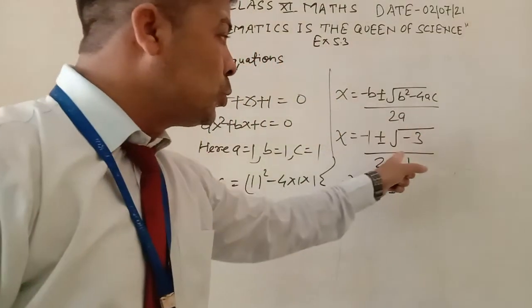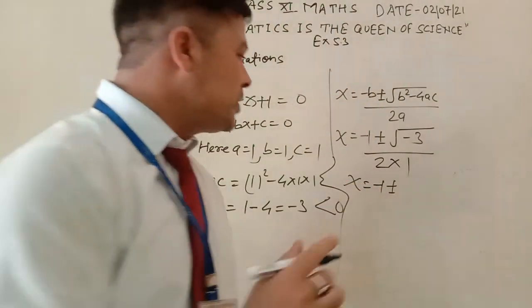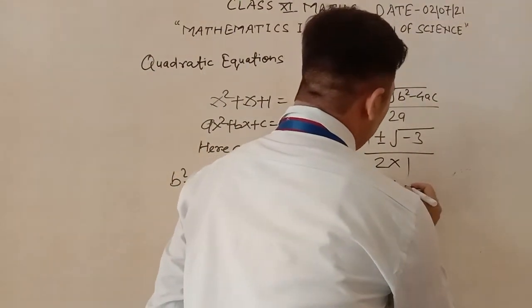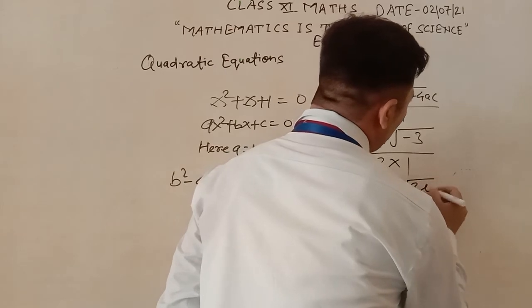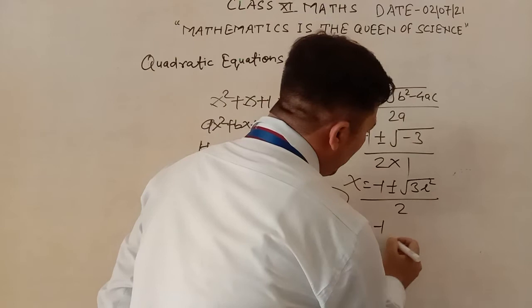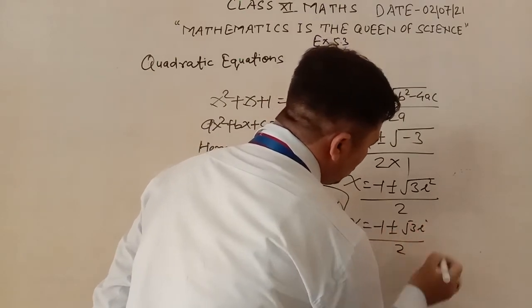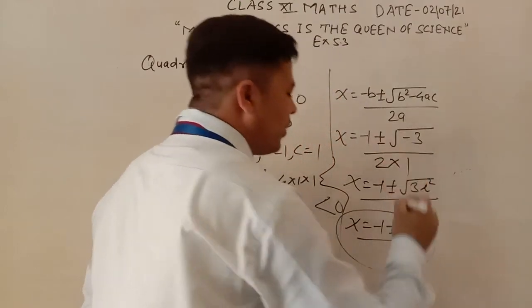Now x is equal to minus 1 plus minus root of minus 3 upon 2. You know how to solve the negative root of a number, so firstly you change this into the form of 3 into i square upon 2. So x is equal to minus 1 plus minus root 3i upon 2. This is the value of x.